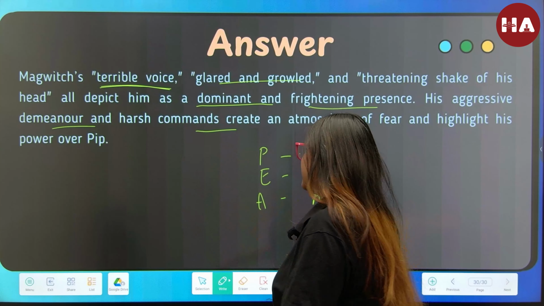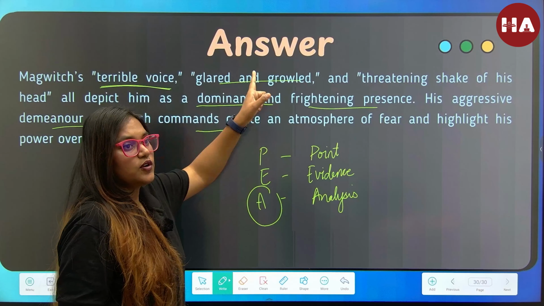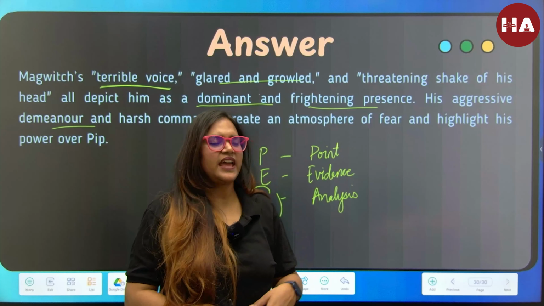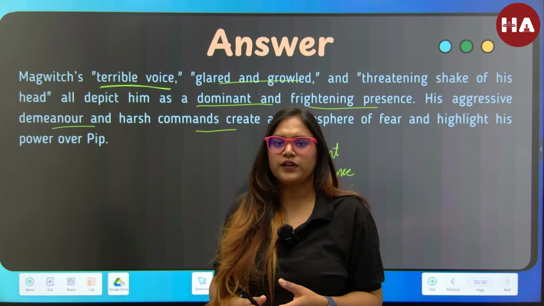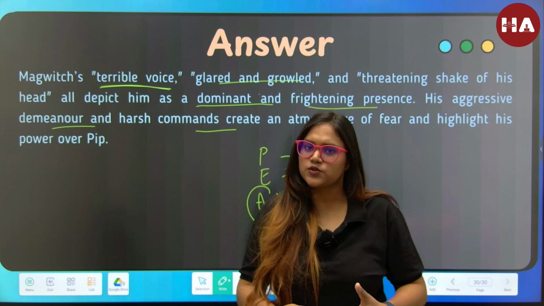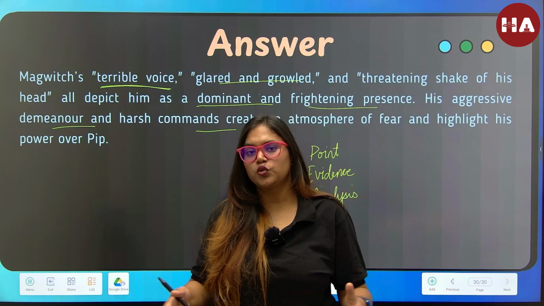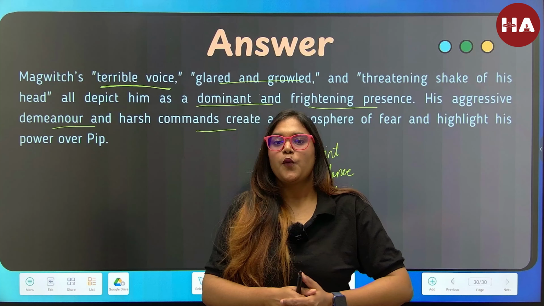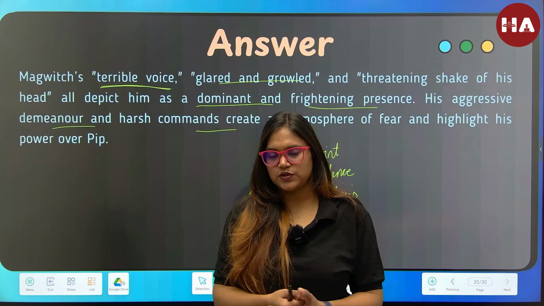And then you need to give an analysis. Glared and growled means that he was a feral character, animalistic. Threatening shake of his head shows he wanted to show his physical dominance over others. So this is how you should do it. Again, we come up with the same strategy, PEA. Whenever you are answering a writer's effect question, you are supposed to use it.